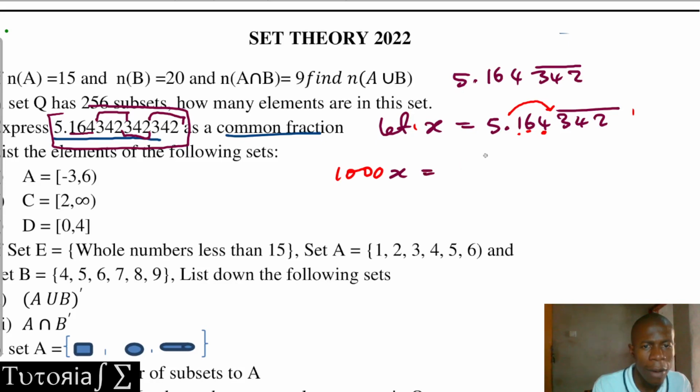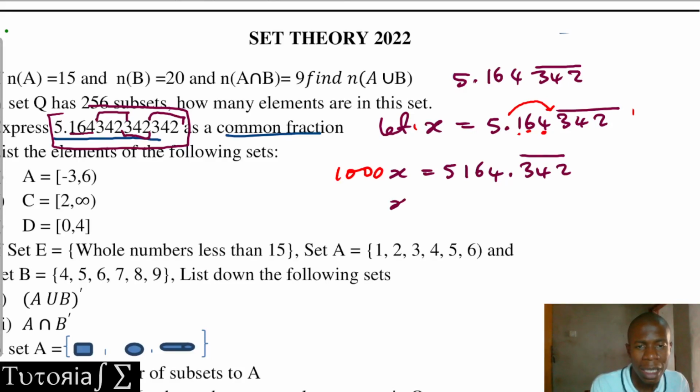equal to 5164.342, and this is the part that is repeating. So immediately you have the decimal point at the point where the number is repeating. You get the original number that you had, which is x.